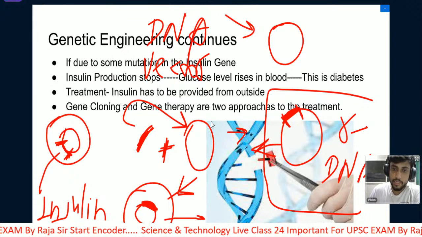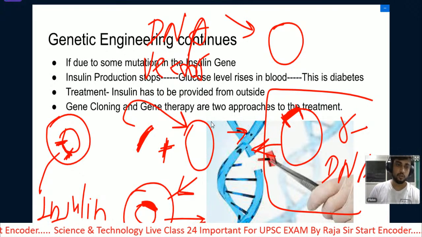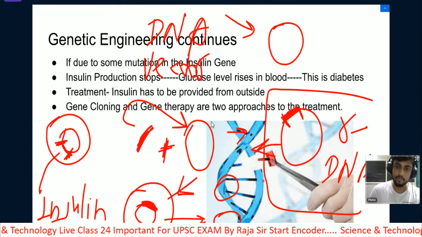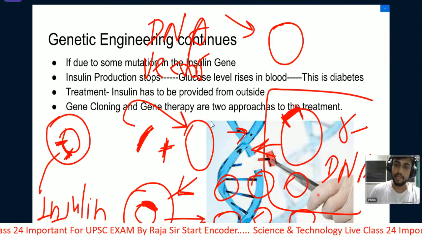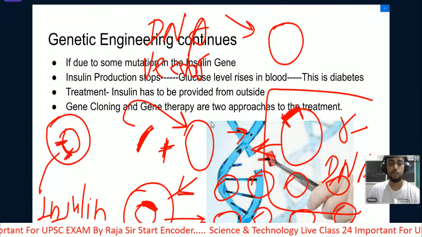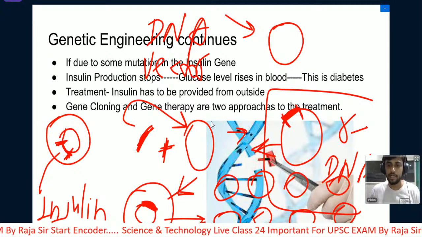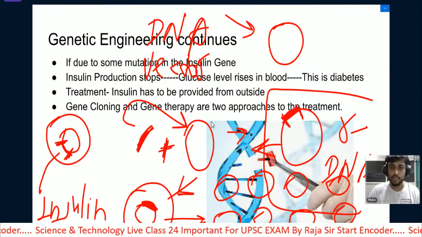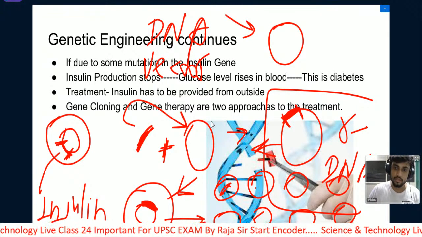And now this bacterial cell, okay, it will divide through its normal process. This bacterial cell will multiply. The population of bacteria increases through cell division, and because it is dividing into so many copies, okay, the copy of the insulin gene is produced in each of these.